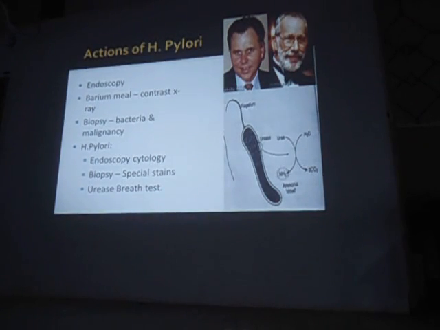As much as 90% of the duodenal ulcers and 60 to 70% of the gastric ulcers are associated with H. pylori. Once it was discovered, we got to know that H. pylori is the culprit for most of these ulcers. Initially, there was a slogan: no acid, no ulcer. Now it is: no H. pylori, no ulcer. Initially the acidic environment or the HCl was made the main culprit, but now H. pylori is the main culprit.